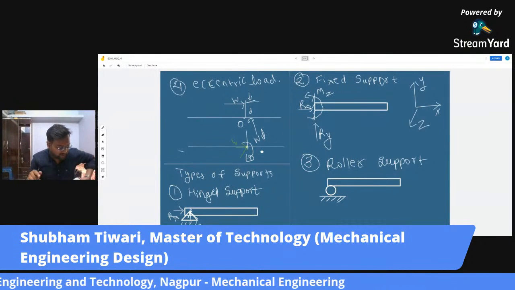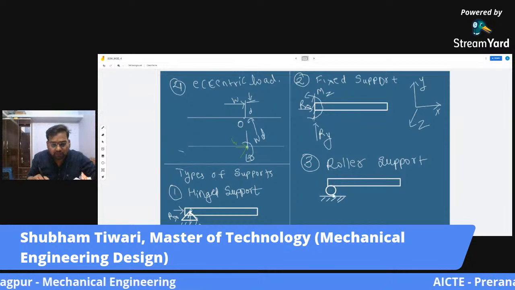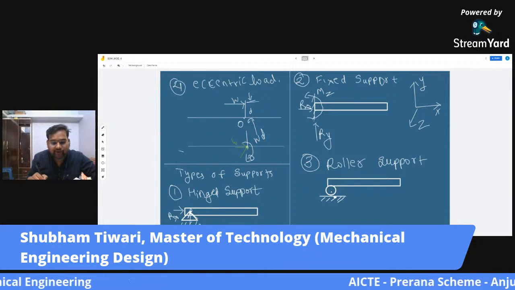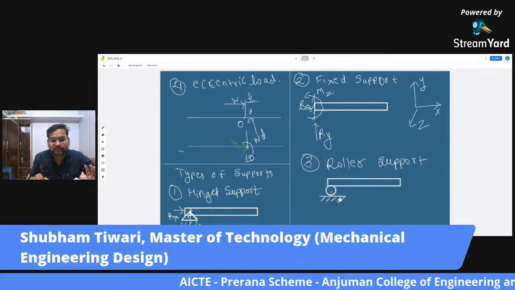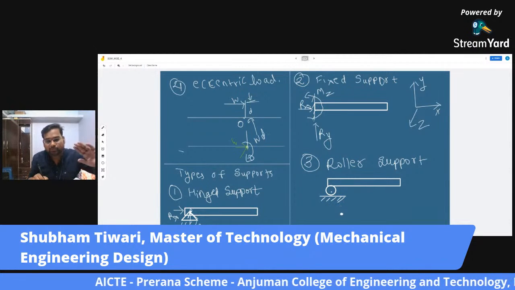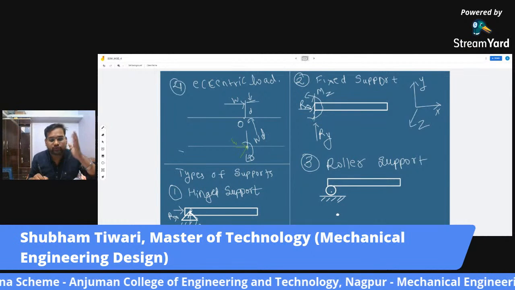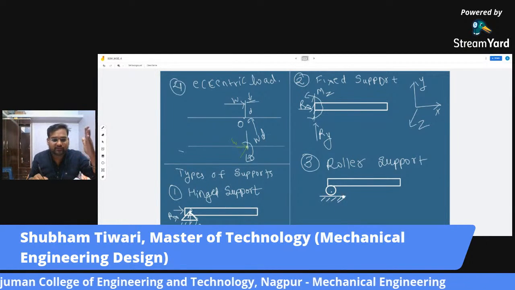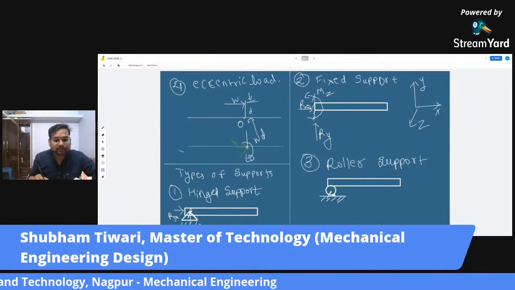But can it move in y direction? If I apply a force in y direction, it won't be able to move in y direction. It can lift up, but it won't directly move in y direction, because there is a weight acting in the downward direction. So there is just one reaction.